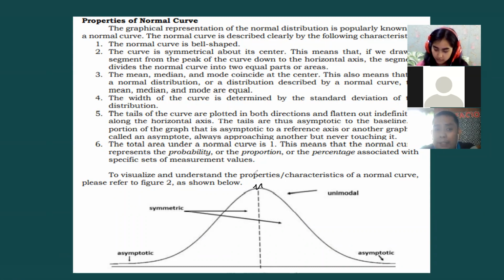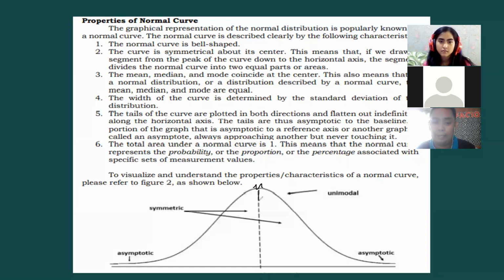Okay? Our mean. Okay? This means that if we draw a segment from the peak down to the horizontal, the segment divides the normal curve into two equal areas. Meron sa pababa, meron sa taas, pero pantay na pantay dapat yon. Okay? Ang kaliwa sa kanan.